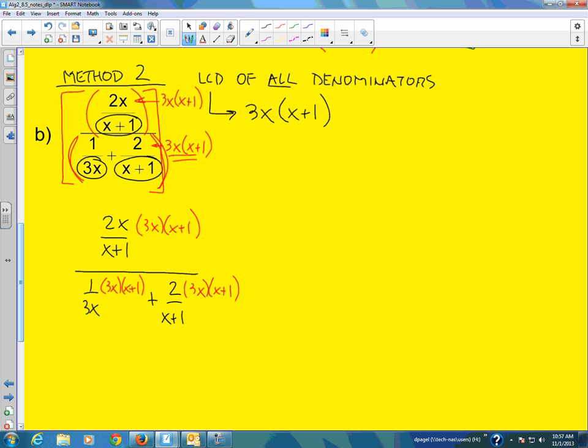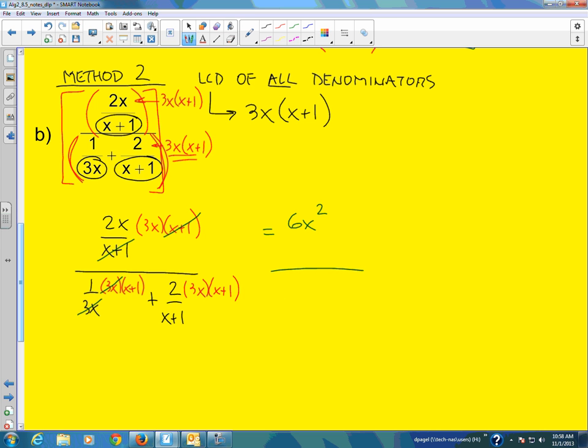All right, look what happens here. Your method 2 eliminates fraction over fraction, because what happens is x plus 1 in the numerator cancels with the x plus 1 factor of the LCD. And now up there I just simply get 6x squared. And in the denominator, 3x cancels with that 3x.